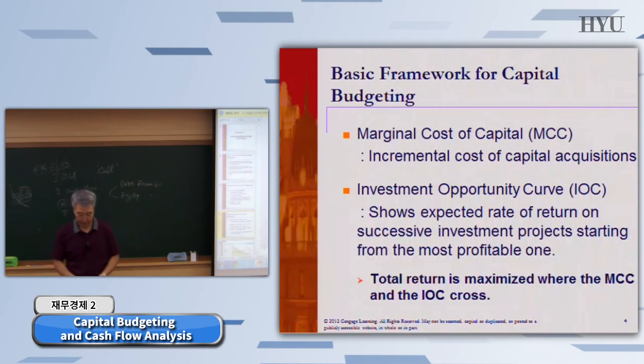They all have some limited fund, okay? So how do we come up with the best way to spend money, right? We have to consider the marginal cost of capital and investment opportunity curve, okay?